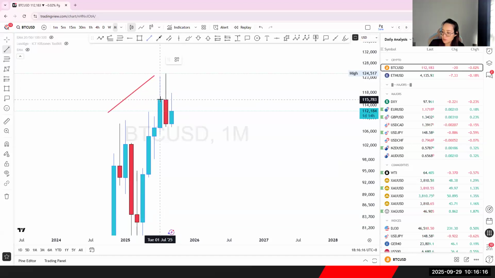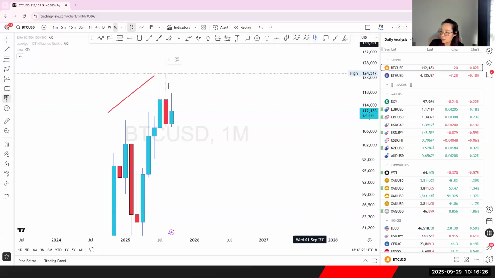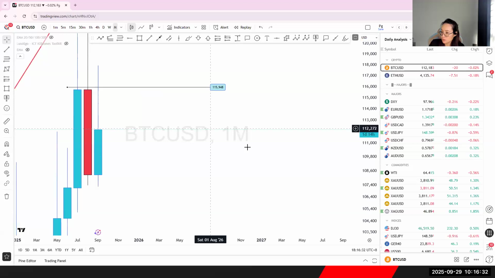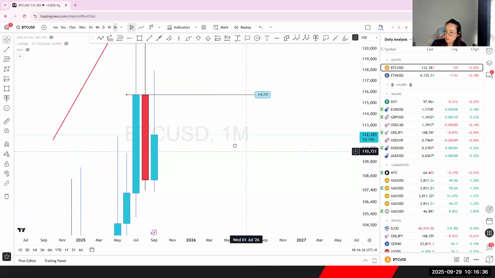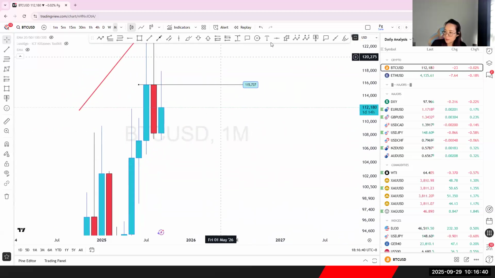And look here. For the month of July and August, the opening and closing of the candle are at a similar or the same price. It was at the 115. Let me zoom in. 115, right? You can see the price did not close above 115 point something.